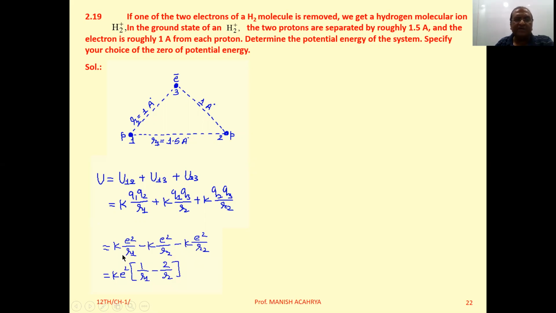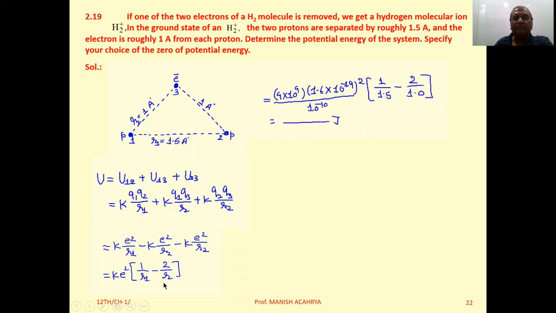The first term is K e square upon R1. For the second, charge 1 is a proton and charge 3 is an electron, so minus K e square upon R2. For the third, charge 2 is a proton and charge 3 is an electron, so minus K e square upon R2. Take K e square common, so 1 upon R1 minus 2 upon R2.